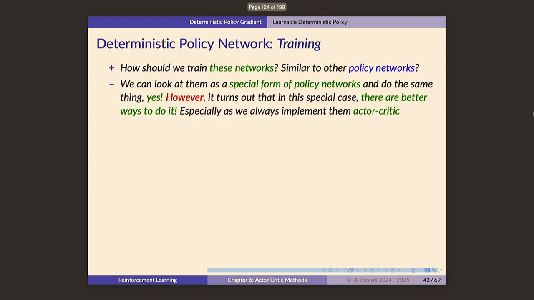Now that we have this, the question that you might ask is how I can train this. One basic answer, or say a classic answer, is that, okay, let's treat the deterministic policy network as a policy network with an indicator distribution, right? So the density function is simply the impulse, right?